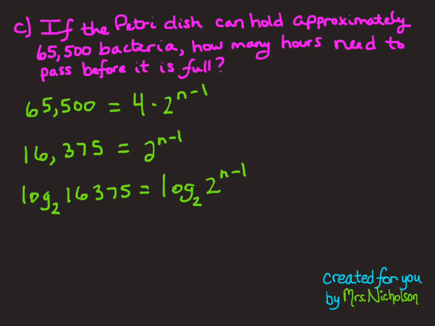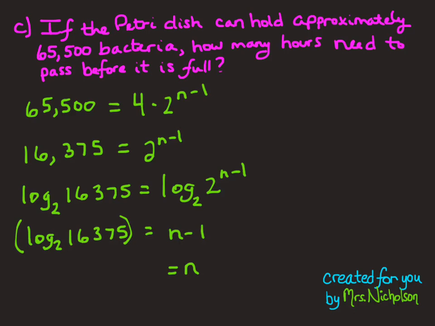And of course over here on the right, the log base 2 and the 2 undo each other, and I'm just left with n minus 1 equal to log base 2 of 16,375. Then to solve for n, I need to add 1 to both sides. Now when you add 1 over to the other side, it does not become 16,376.